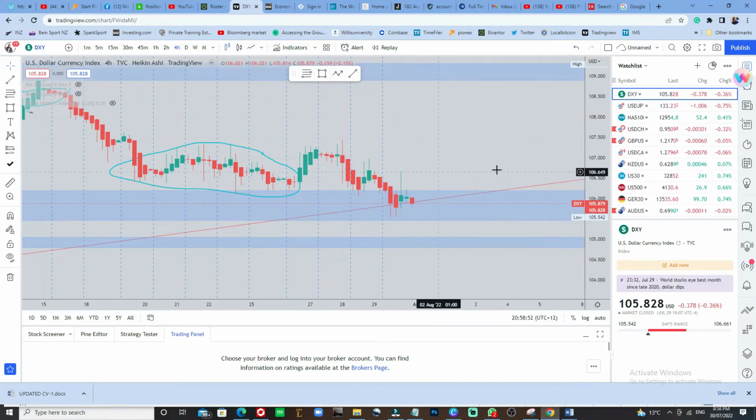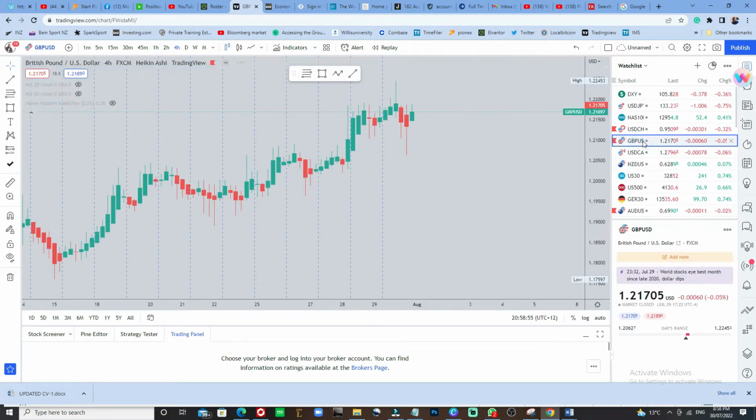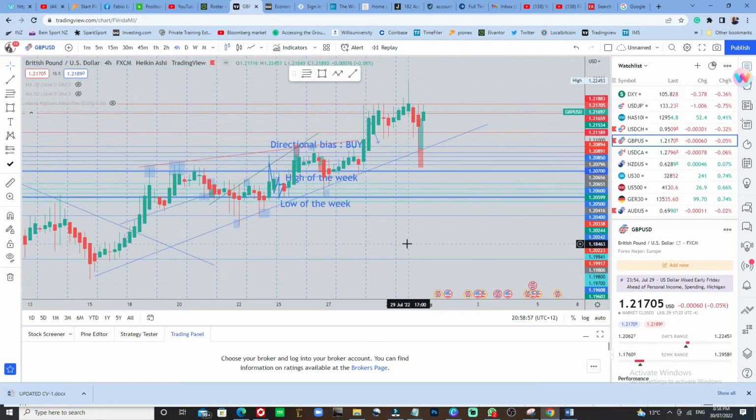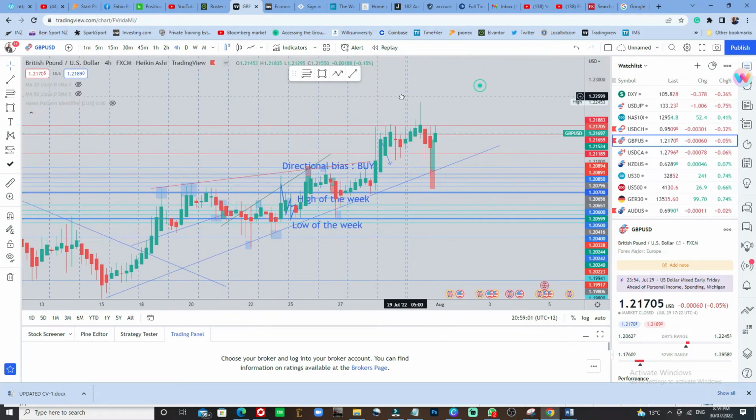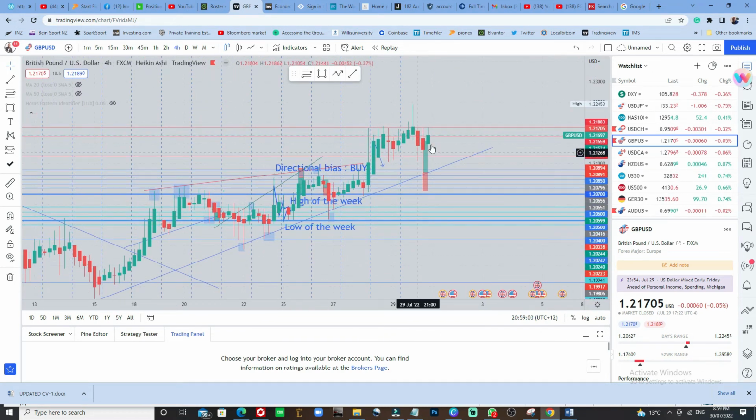Okay, now let's take GBP USD. Look at what happened. Just by observation, you can see that this pushed to the upside. 25th was the start of the week, and you can see how the market performed.